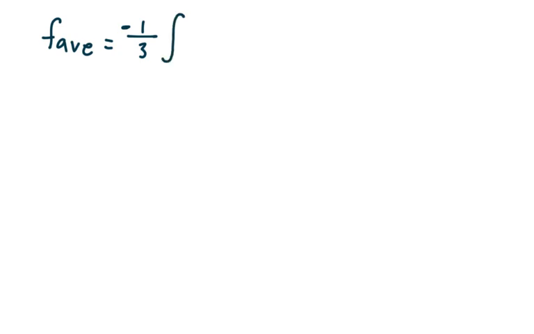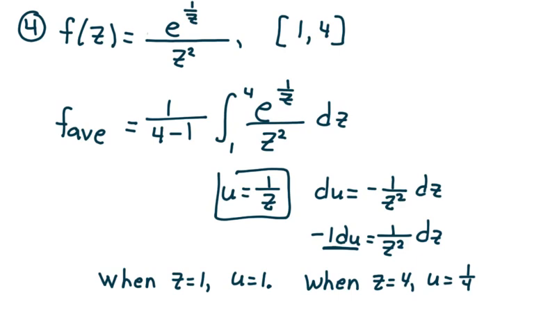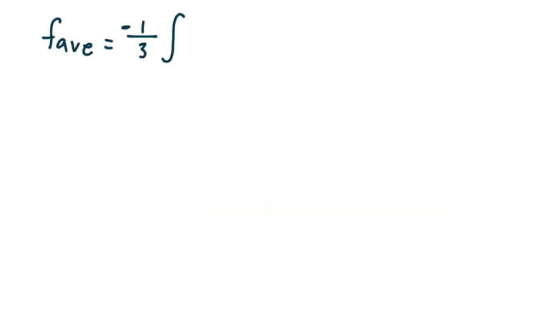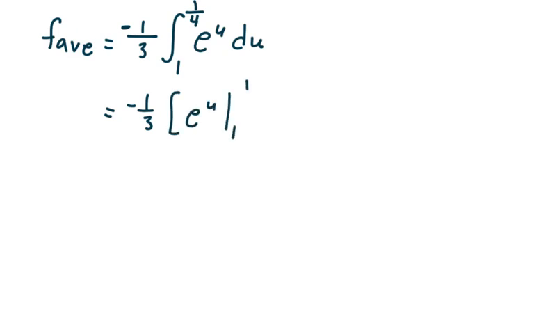And we're going to integrate from, again, when z is 1, u is 1. So my lower limit is 1. My upper limit is 1/4. And I'm going to integrate e to the u du. But this is negative 1/3 times e to the u evaluated from 1 up to 1/4.